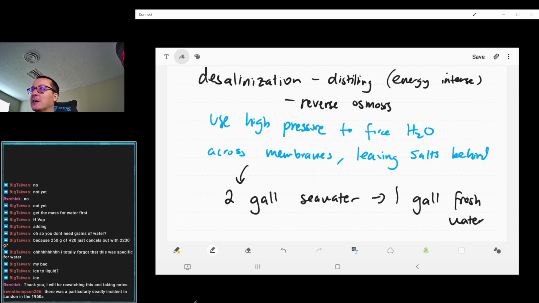So you end up having a lot of wastewater that has to go back into the ocean or wherever you're getting your water from. This can also be done with what are called brackish water supplies, like Salt Lake City. The Salt Lake there in Utah is salty water, or the Dead Sea. These are saltwater areas that are not part of the oceans. You can use desalinization there as well.